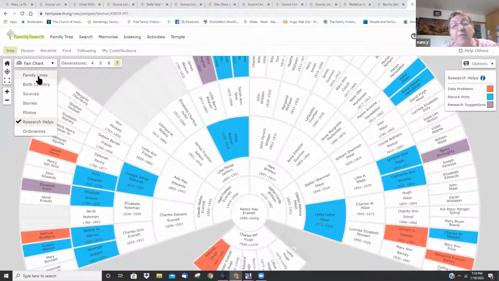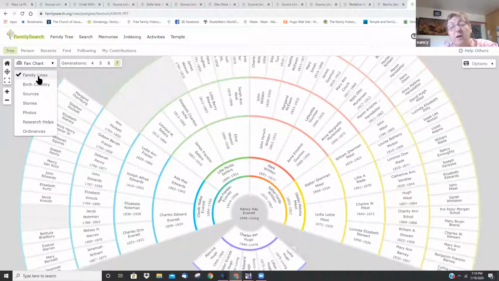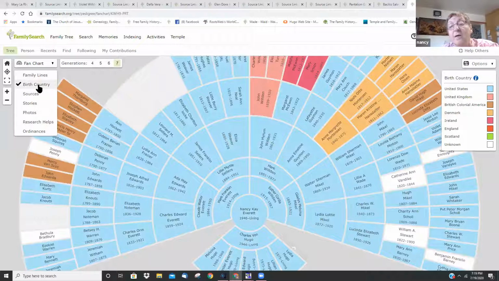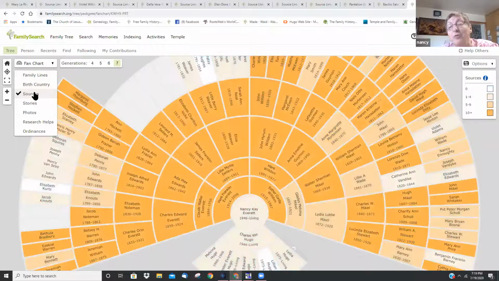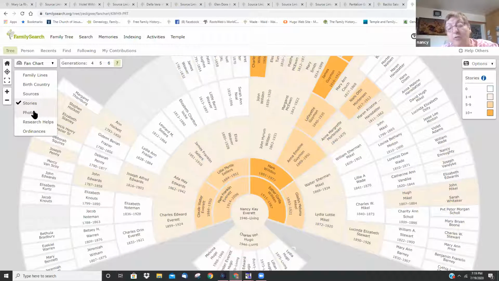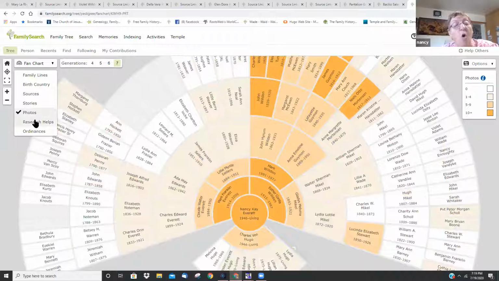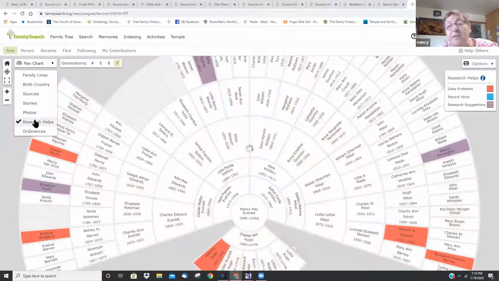Then for the fan chart, I can choose the regular way, which is called Family Lines. I can choose a fan chart that shows where my ancestors were born. I can look at one that just shows which of my ancestors have the most sources listed, or the most stories listed, or the most photos attached, or in this case, research helps.